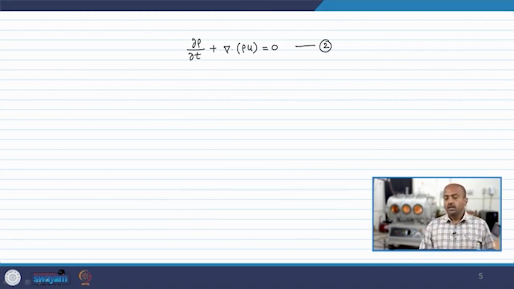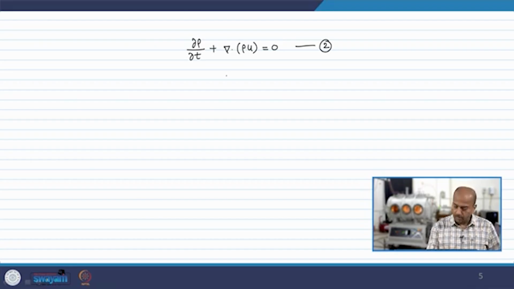Earlier, the third equation that we used is the Poisson equation, which is about the electric field. Since we have not considered electromagnetic effects in this picture, we do not require that equation. When an acoustic wave propagates, the relevant parameters that will be perturbed are the density and the pressure.